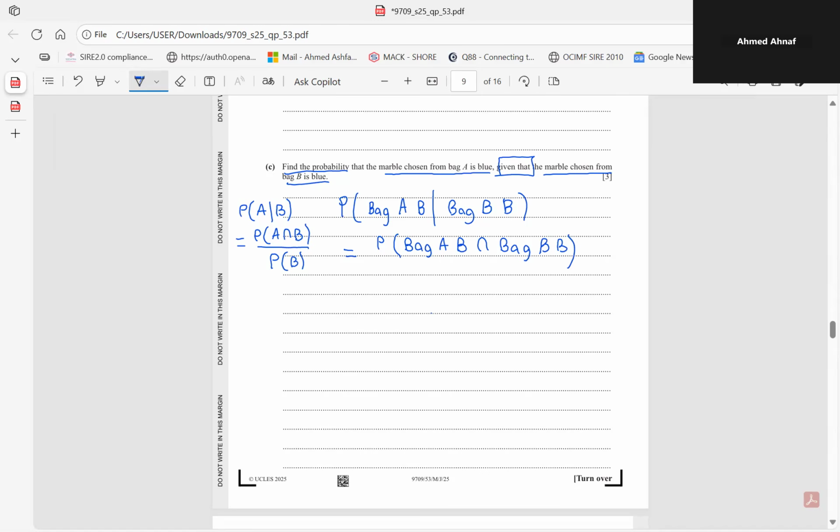This basically means the probability that the marble chosen from bag A is blue and the marble chosen from bag B is blue, so basically the probability of both marbles being blue. And then this would be over the probability of the marble from bag B being blue.